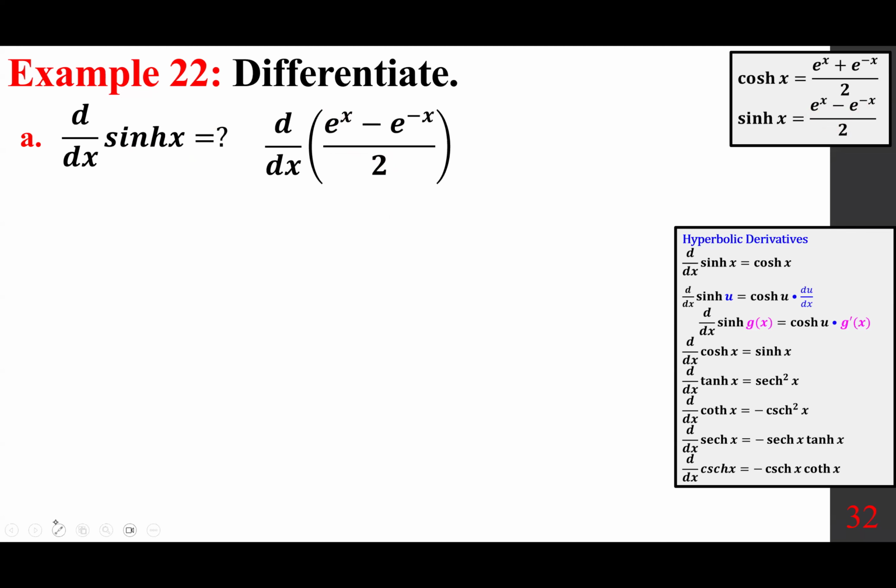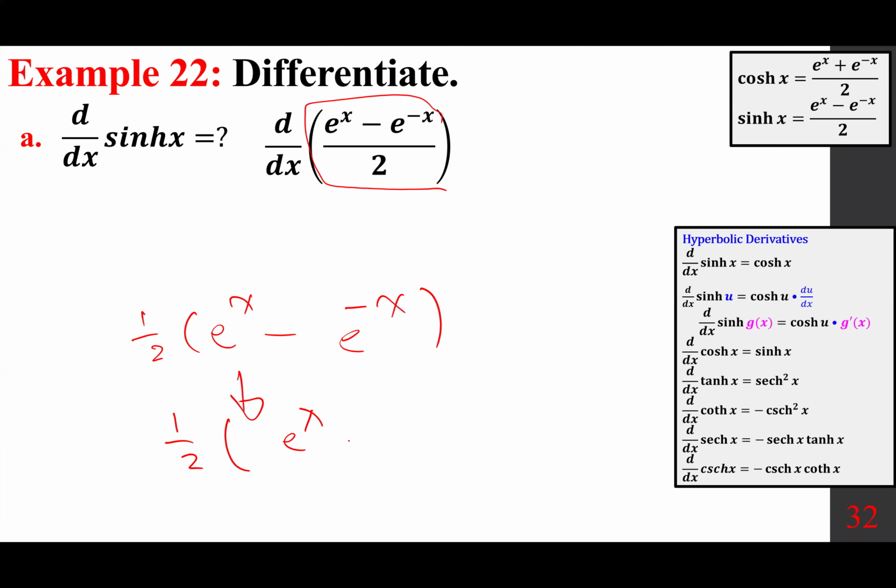So in other words, let me just rewrite it here. So this means 1/2 of e to the power of x minus e to the power minus x. So if I want to differentiate, this 1/2 remains, e to the power of x itself, minus this one is itself times -1 by the chain rule. You need the derivative of the exponent.